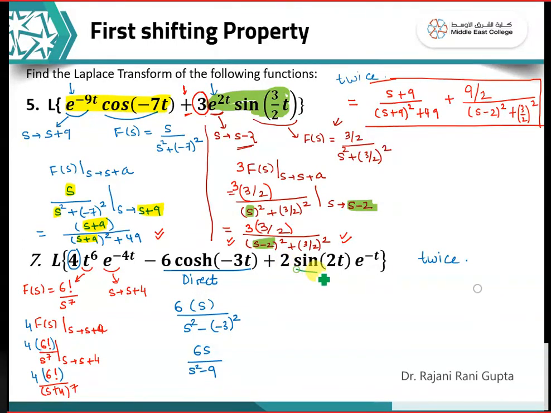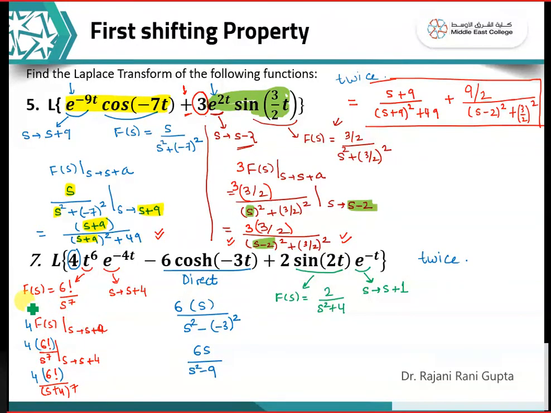Two terms in multiplication. So this gives you s value going to s. If it is minus, it becomes plus, and the coefficient of t is 1. This gives you F(s), which is 2 over s square plus 2 square, which is 4. Now it's up to you. If you want to include this 2 in F(s), you can include it at this place itself.